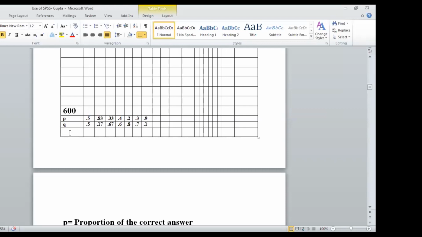And now you can find out the product of P and Q. So this will be 0.25.